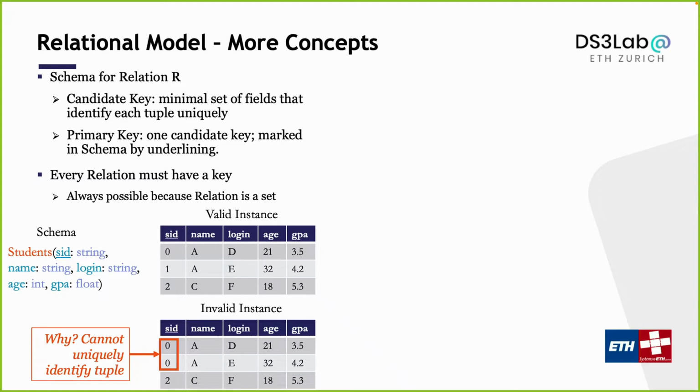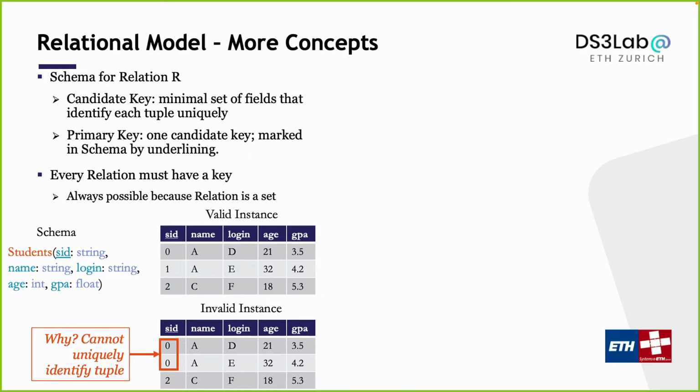They're all equal to 0, which means that even if I know student ID is 0, I cannot uniquely identify one tuple in this instance. Okay? So this violates my primary key constraint.